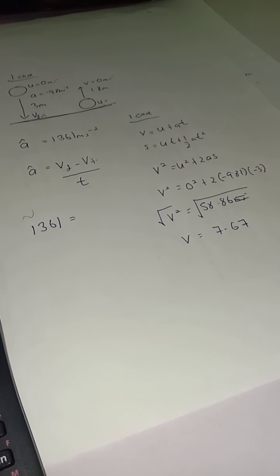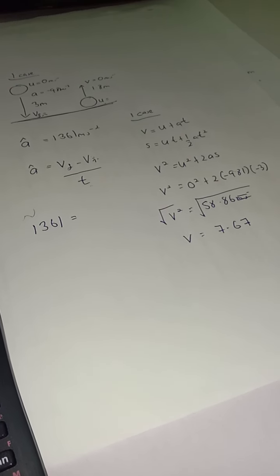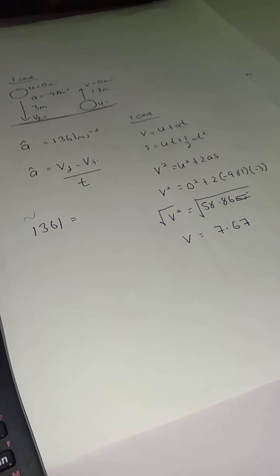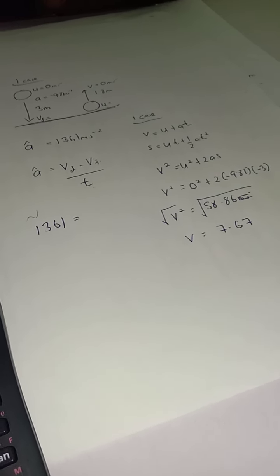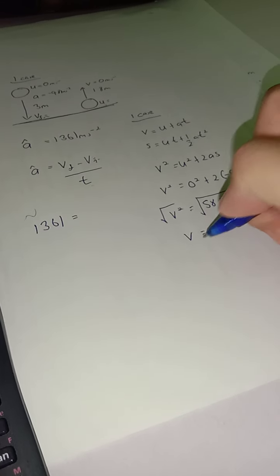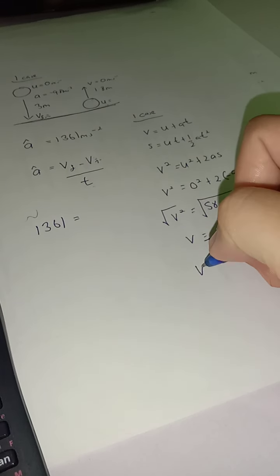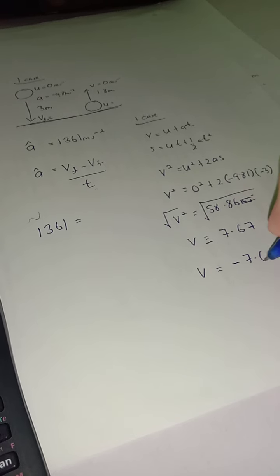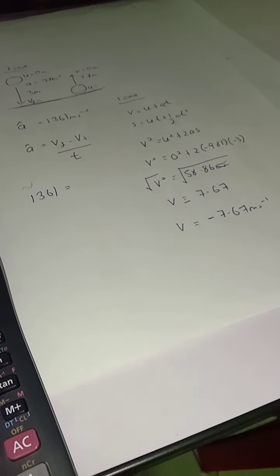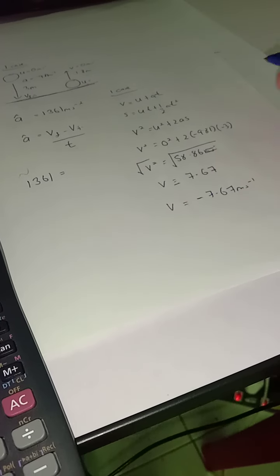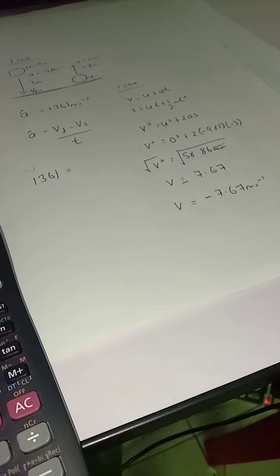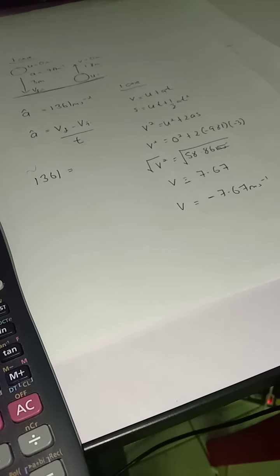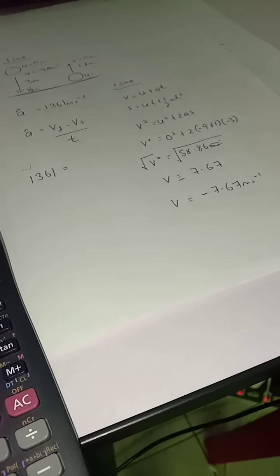Be careful, it's a vector quantity, so the answer should be V equal to negative 7.67 m/s. It shows that the ball is moving downward with a velocity of negative 7.67 meters per second.